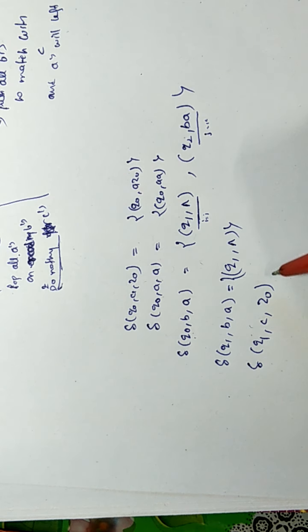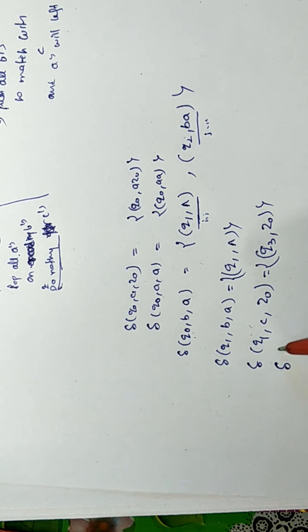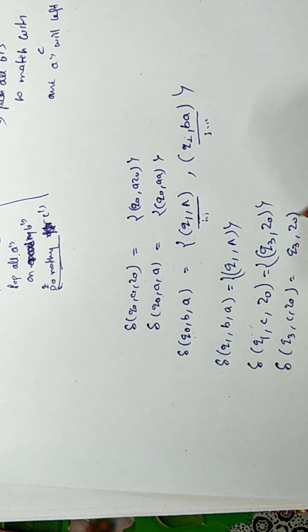So I will move to q3. I am using q3 here because q2 is already used, and I have to do nothing here. This is the first c. There can be more c's, and I have to do nothing for all c's.